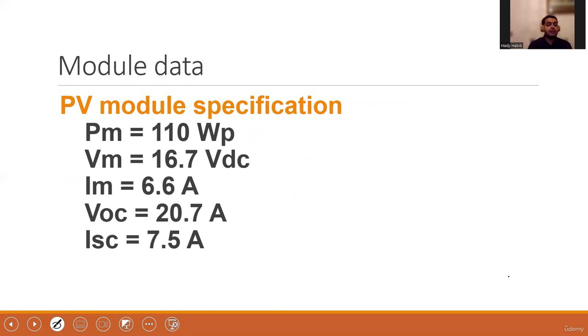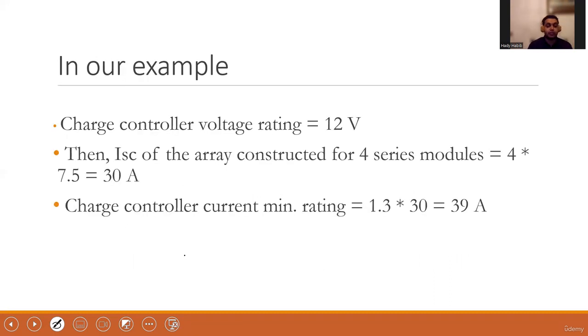Here is the specification of the PV modules that we have. The I short circuit is 7.5, as you see. So we are going to have the system, as I mentioned, at 12 volt. And since we have 4 series modules, we are going to multiply the I short circuit by 4. So it will be 30 ampere I short circuit.